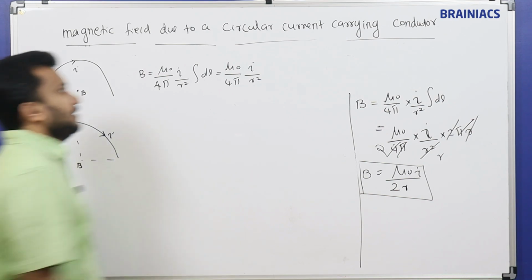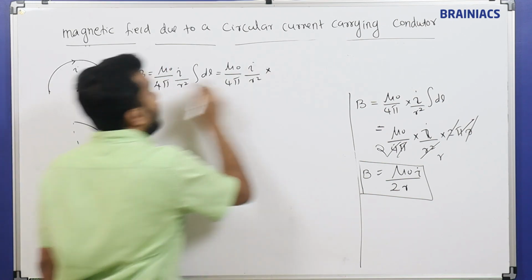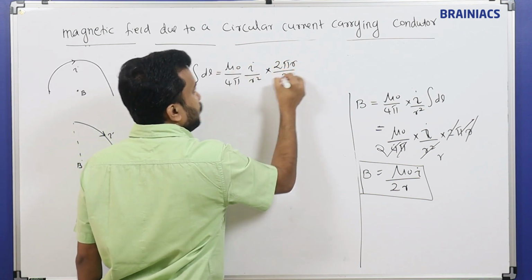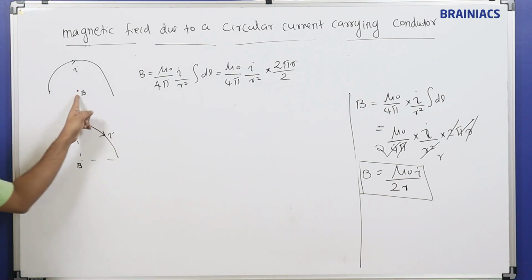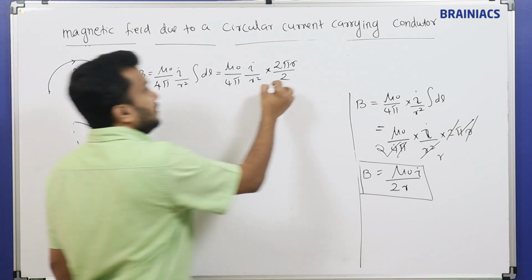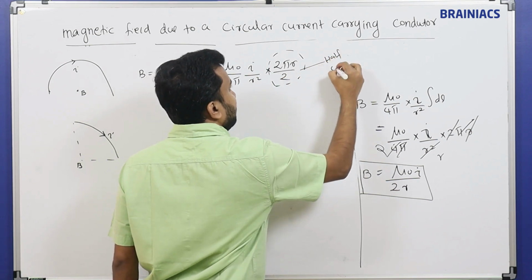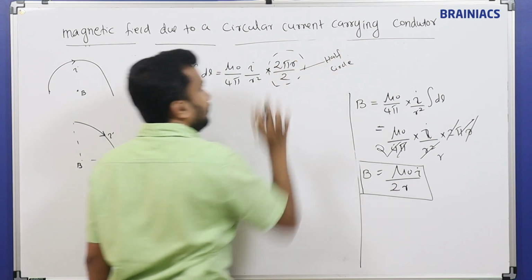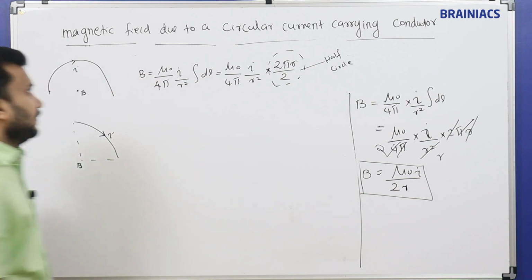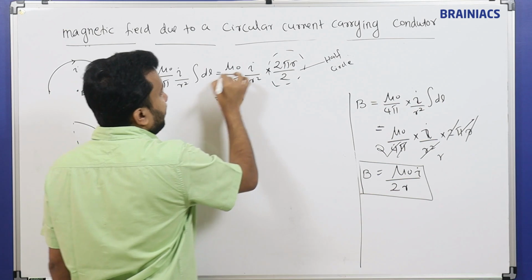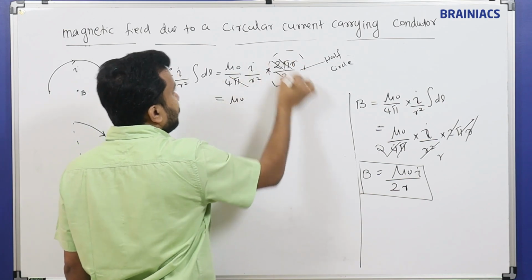So this is a half circle, which means half of the full circle, so it is 2 pi r by 2. The whole term represents a half circle. We'll simplify this one. So what will we get? Mu 0, here pi cancels, 2 cancels, 2 cancels.